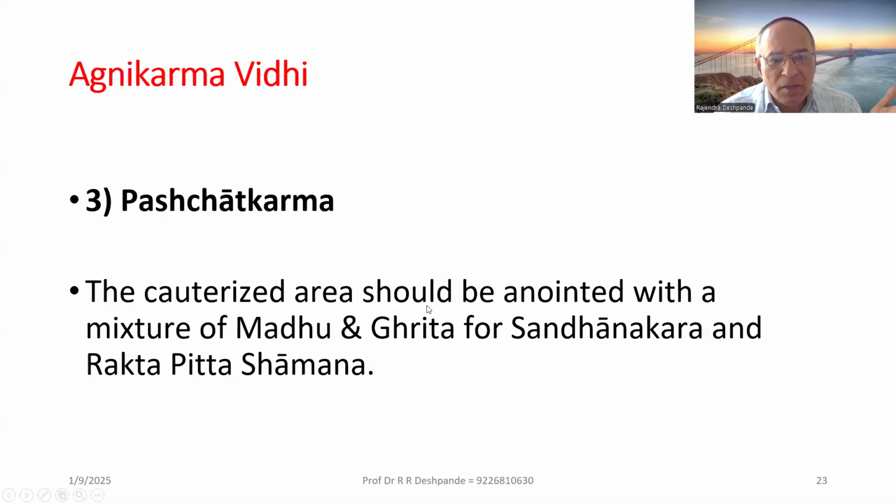Then Paschata Karma: the cauterized area should be anointed with a mixture of madhu and ghrita, not in equal amounts, honey and medicated ghee, for sandhana karma, for regranulation or cure of that wound, and Rakta Pitta Shamana type of treatment is given.